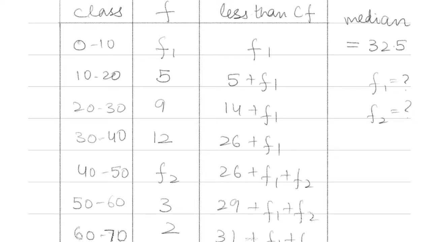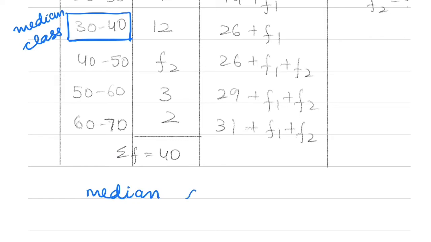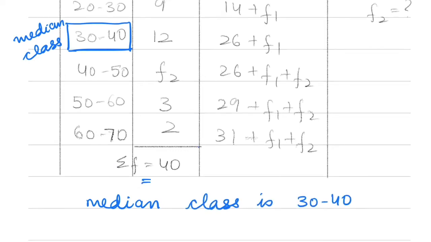Here median is given as 32.5. We know that this will be the median class. Median class is 30 to 40. Here the total is equal to 31 plus f1 plus f2.